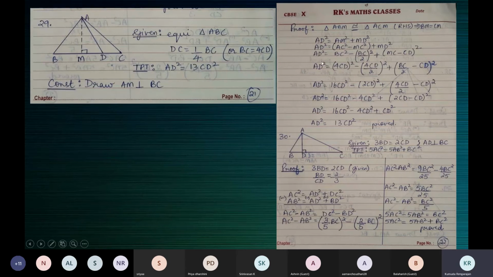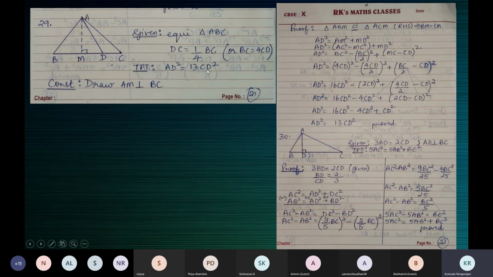Now AC can also be written as BC, because it's an equilateral triangle and all sides are equal. So AC square is also BC square. And MC is BC by 2. Why are we writing BC? Because, children, we have a relation between BC and CD.